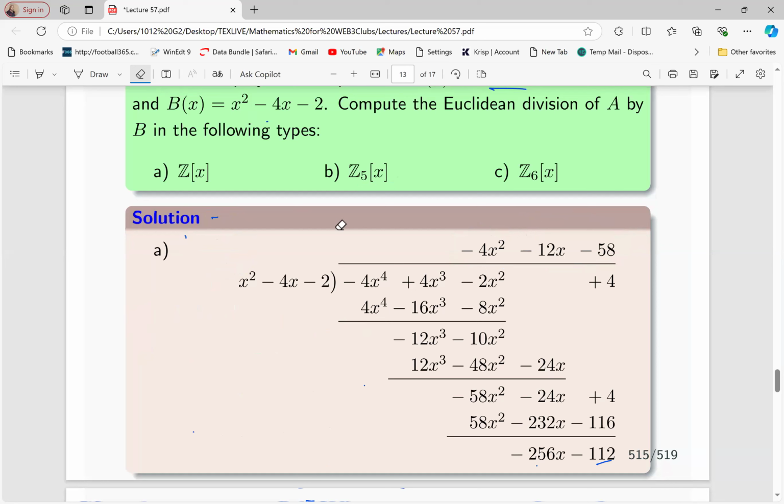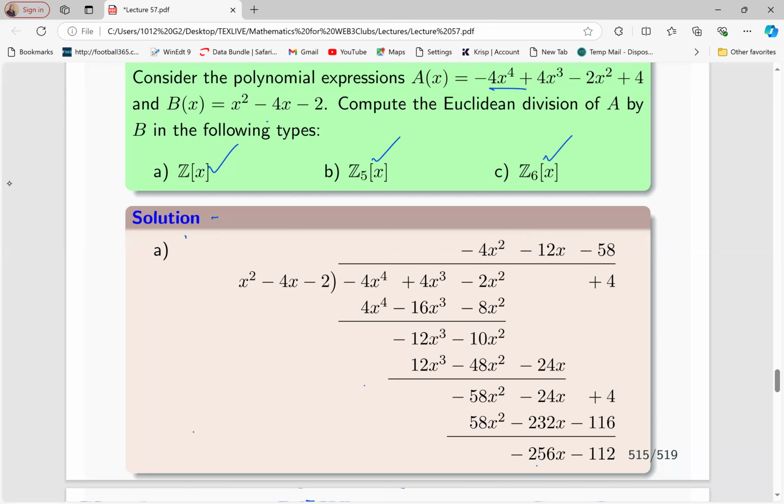But when you are doing it manually, it's easier first of all to do it in Z of x, then reduce the answer mod 5. But if you're writing the code, it becomes easier first of all to change this to mod 5.